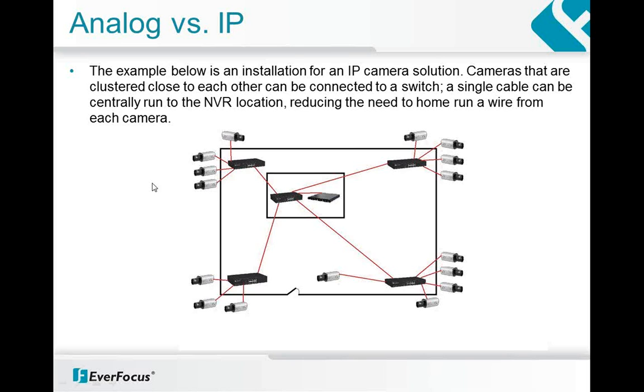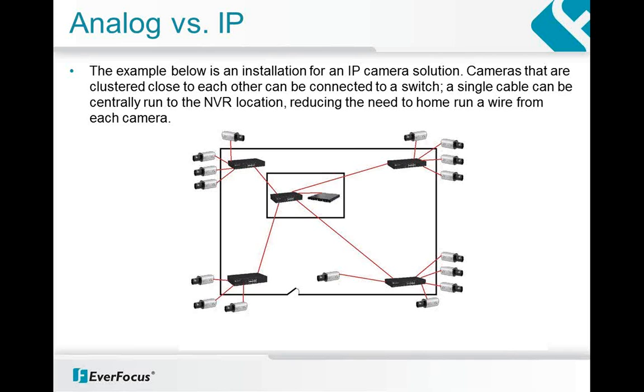So what you see here is you see 4 different clusters. So you have a switch, and you have a couple of cameras connected to that switch. You have one on this corner, one on this corner, and one on this corner. And those 4 switches are home run into another PoE switch, which is located in the network closet.